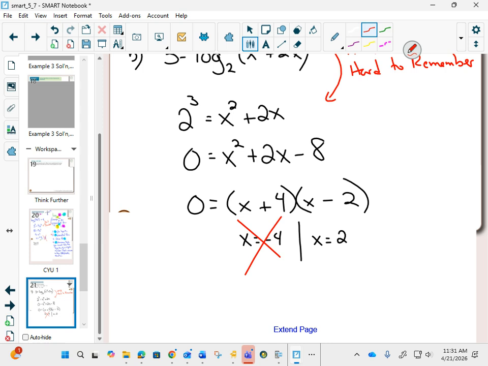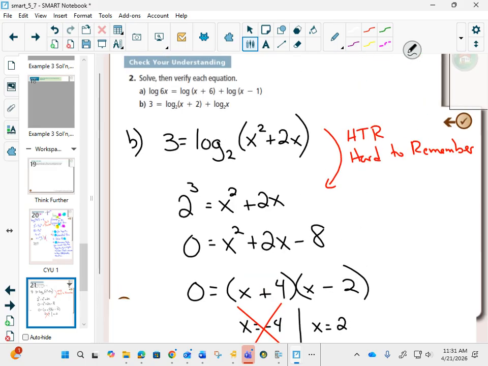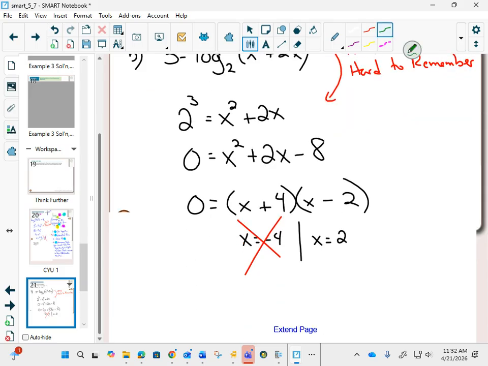I can cancel that one out right away. Positive 2. What's 2 plus 2? 4. No problem. What's 2? 2. Also positive. No problem. This one is my final answer.